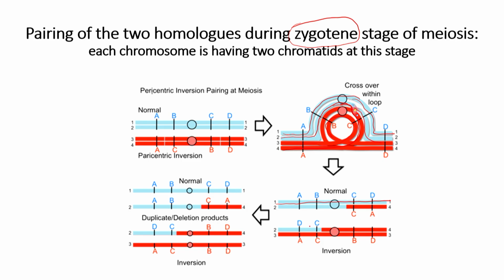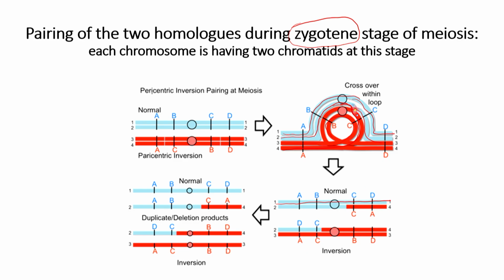So the situation is D, C, this one is D, C, and then B, D. So these are the combinations.